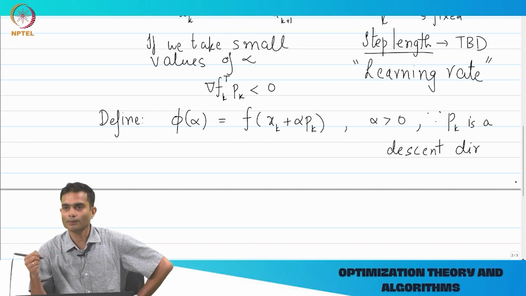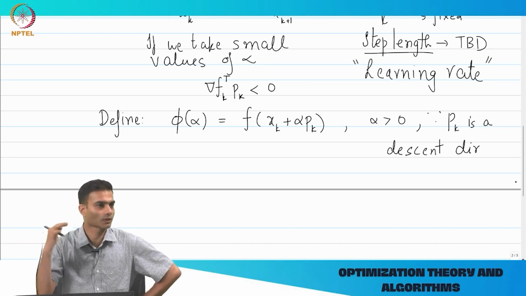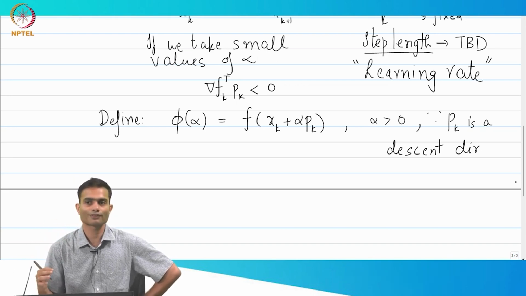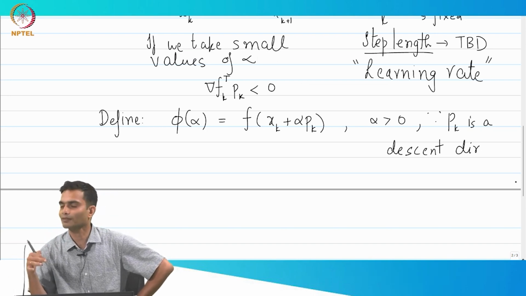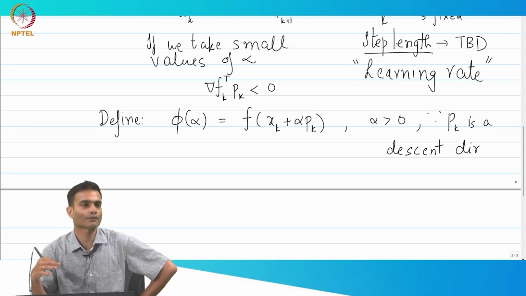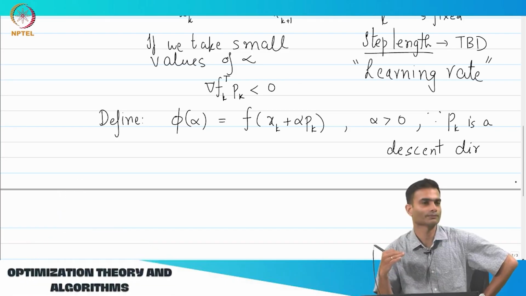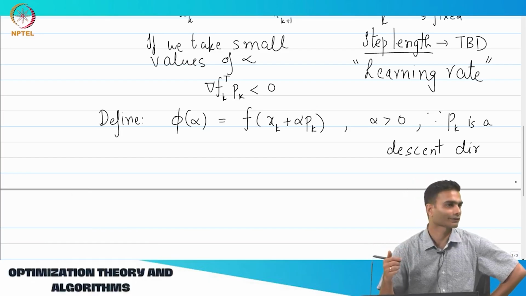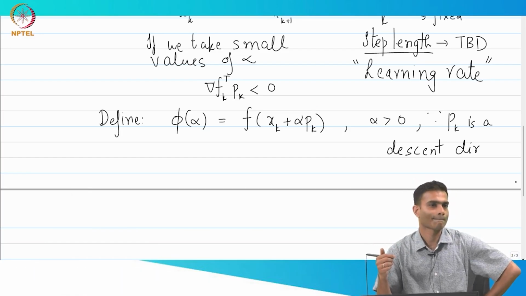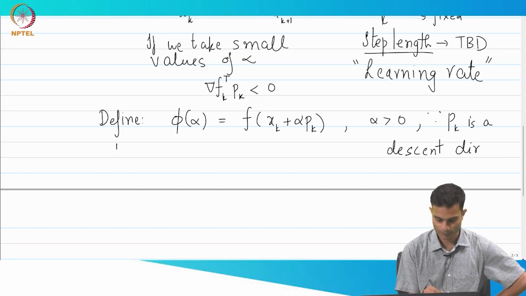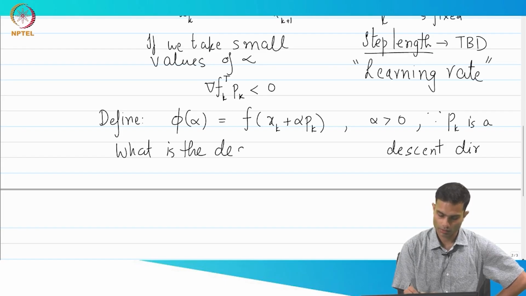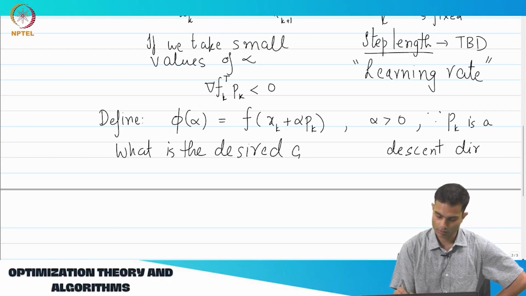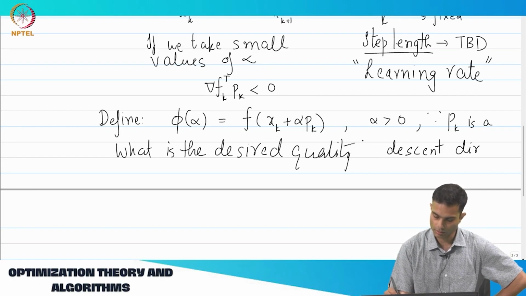Without solving the problem, let's think of the goal. What is our goal in terms of phi or phi prime of alpha? What alpha would be the best for us? What is the desired quality of alpha?